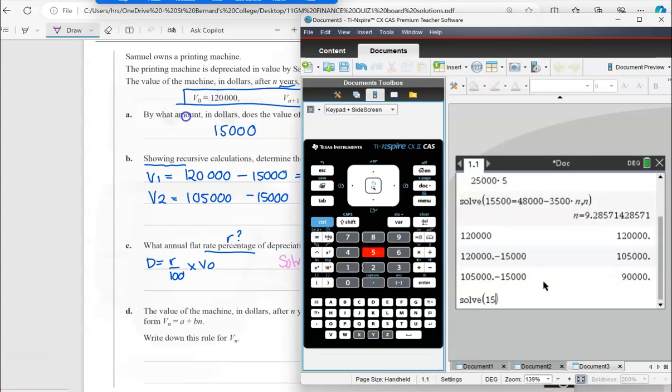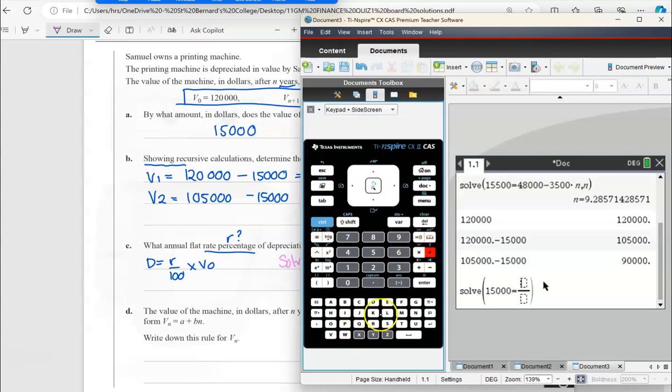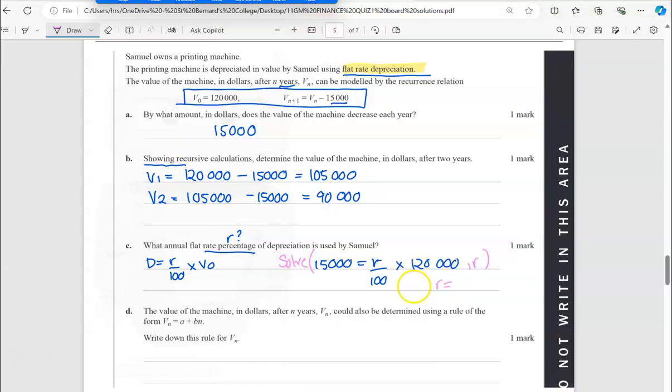So we had 15,000 equals little r over 100 times little VO, which was 120, comma r. So 12.5%. So that is your answer.